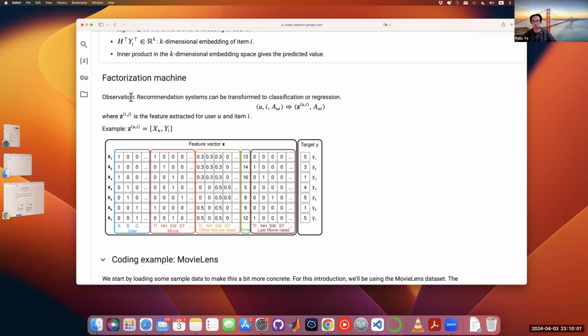We can transform our recommendation system into classification or regression. That is really good because classification and regression have a lot of algorithms, like XGBoost, random forest, and so on, or even AutoML frameworks, which are really popular.